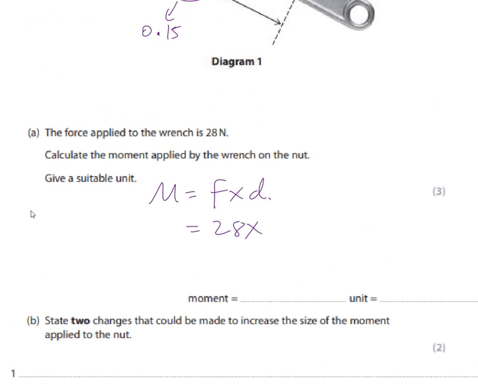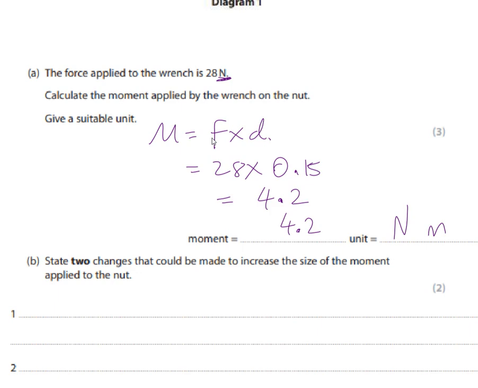So therefore, the answer is 40.2. The unit for force is newton, and we multiply by the distance in meters, so newton metre, N m. You're multiplying them together, the force multiplied by the distance.